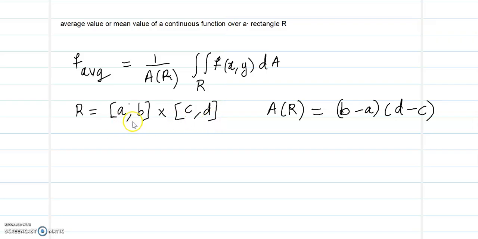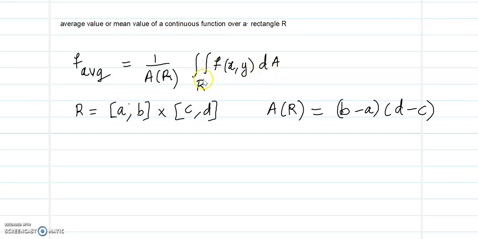So we will have a less than or equal to x less than or equal to b, and c less than or equal to y less than or equal to d. Then by average value or mean value of a continuous function, we mean 1 by area of R, double integral over R, f of xy dA.